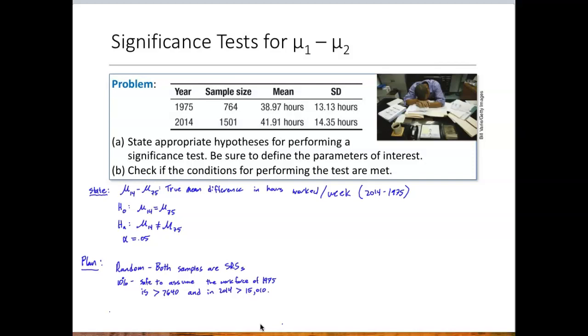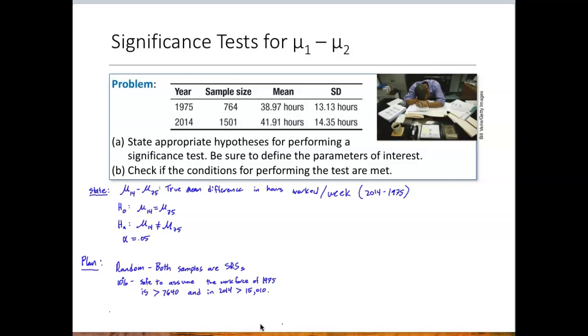That's a question that'll come up every once in a while in a multiple choice section. Why do we check the 10% condition? It verifies independence in our sample, and that specifically lets us use the standard error formula, okay?